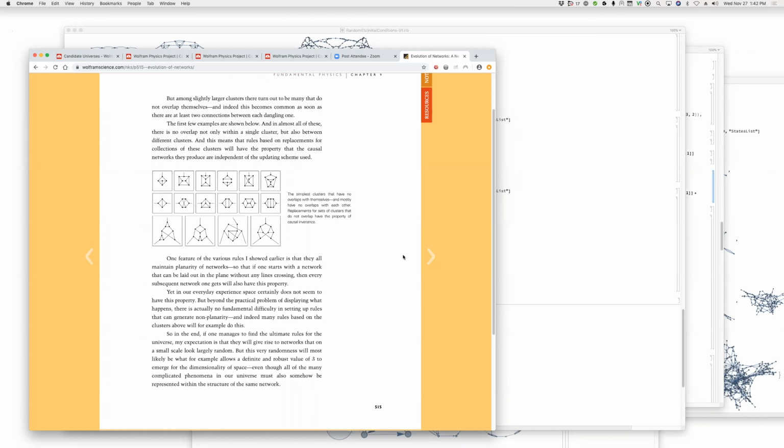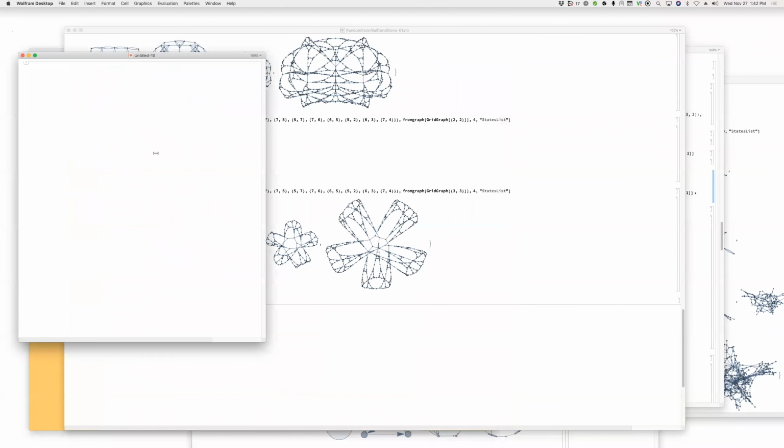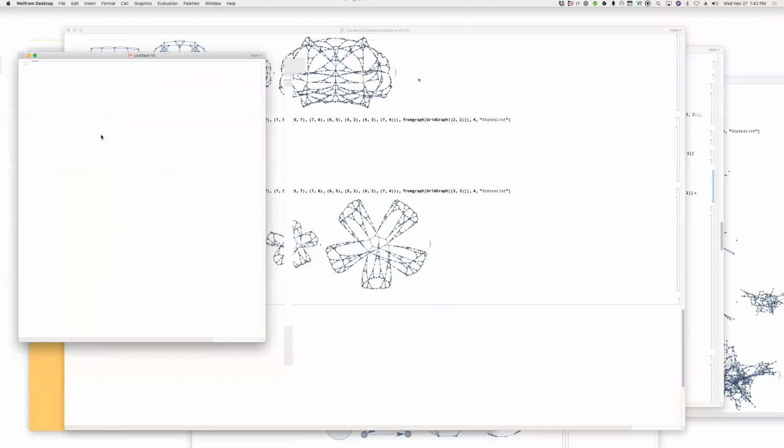Well, that's an interesting claim. Do we have a section about causal invariance here? Let's take a look. Okay, but I think it should be possible to prove causal invariance in some cases.